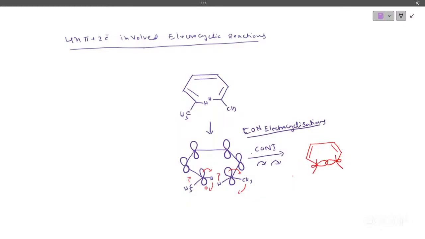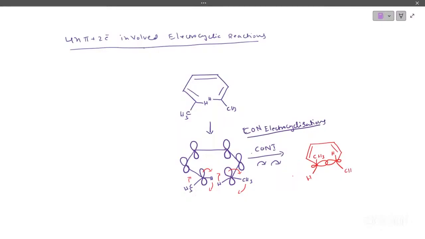Look at here. During the clockwise rotation, the methyl group at C1 is moving up, and the inside group hydrogen is moving down. Correct? And at C6, on anti-clockwise rotation, the inside group is moving up. The outside group is moving down.